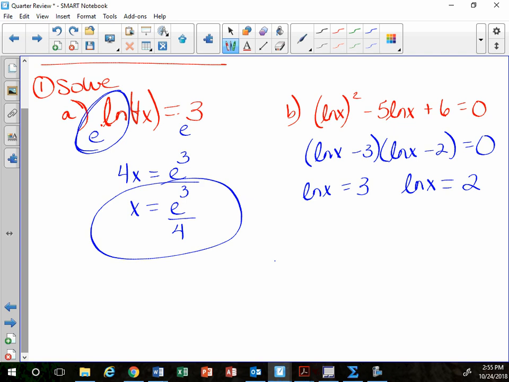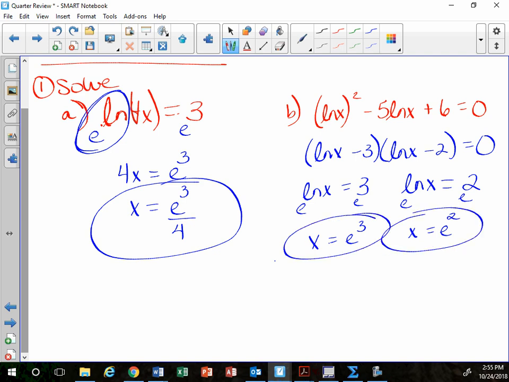You have to turn it into an exponential equation. What's the base here? E. So I get x equals e cubed, and x equals e squared. That is so good, and they both work.